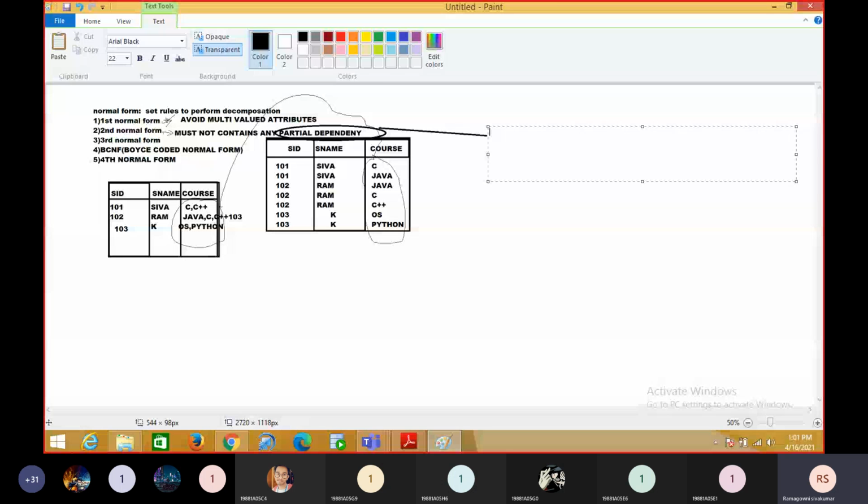So I'm inserting data here: ID, subject ID, and subject name, then address.